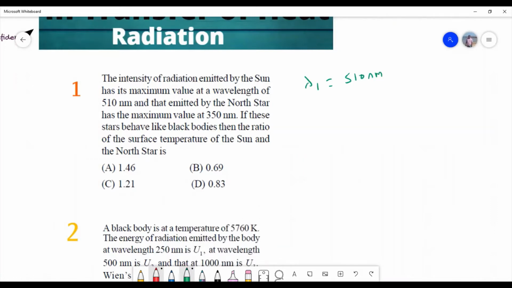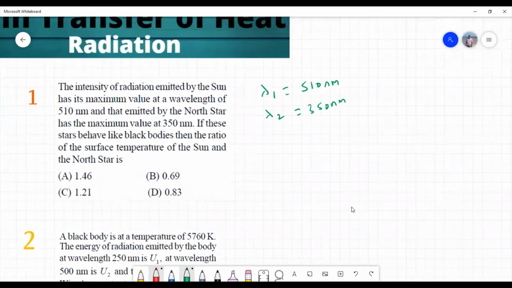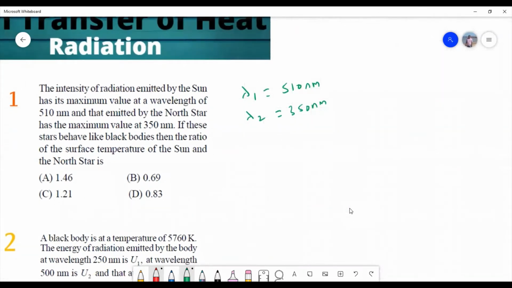The north star has its maximum at a wavelength of 350 nanometer. If these stars behave like black bodies, then what is the ratio of the temperature of the sun and the north star? This problem is based on Wien's displacement law.